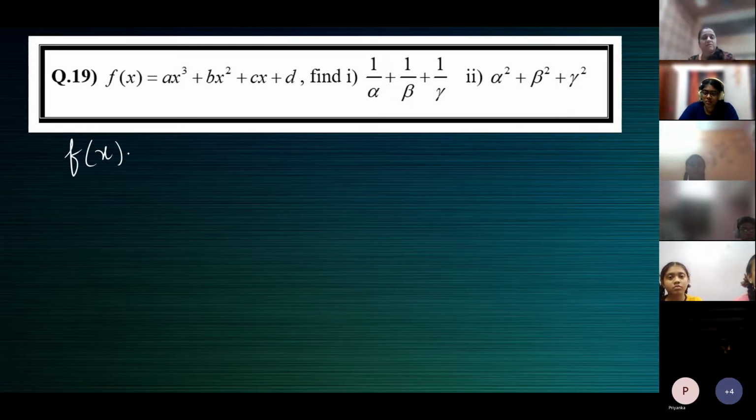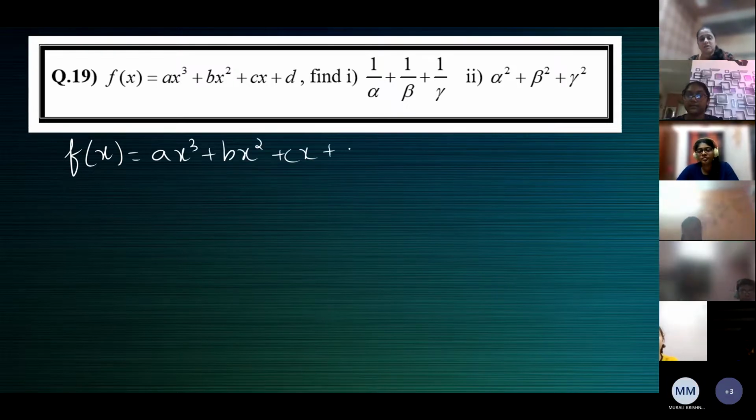So what is f of x given? Ax cubed plus bx squared plus cx plus d. This is the standard form of a cubic polynomial, right?